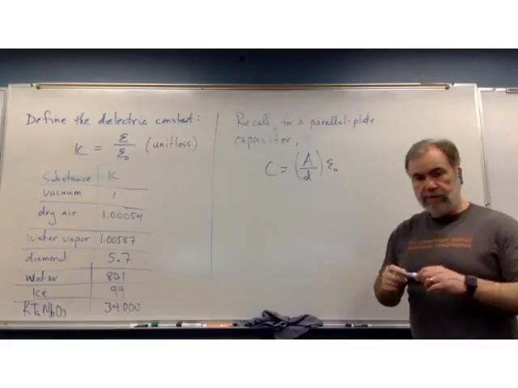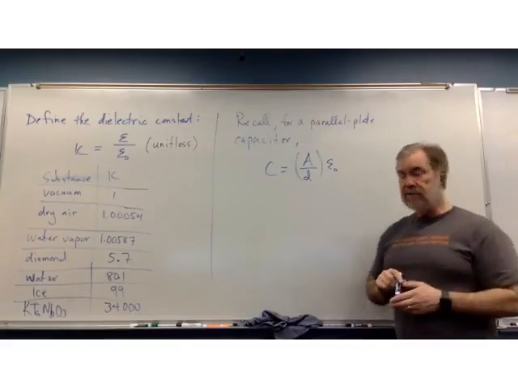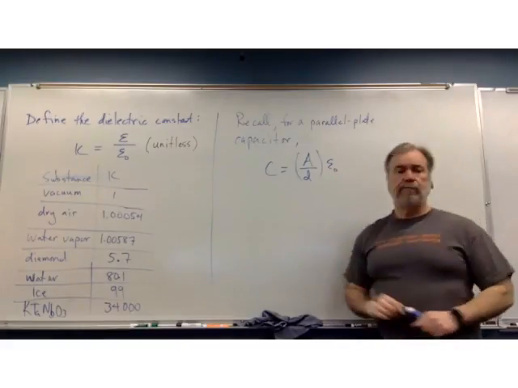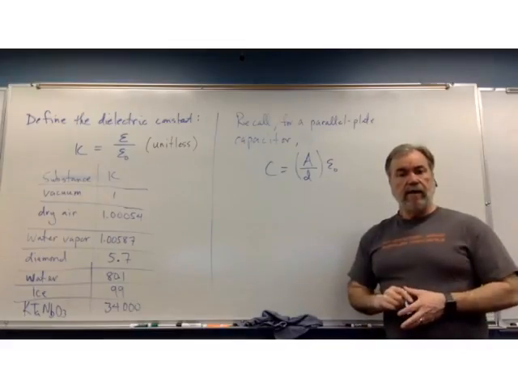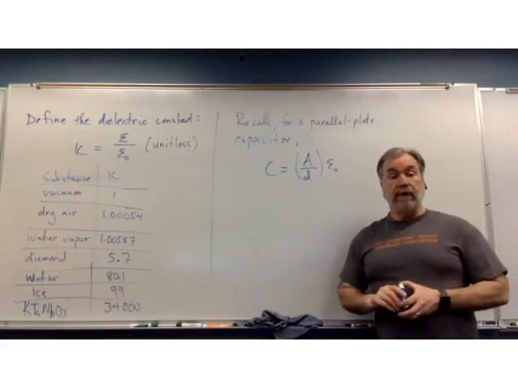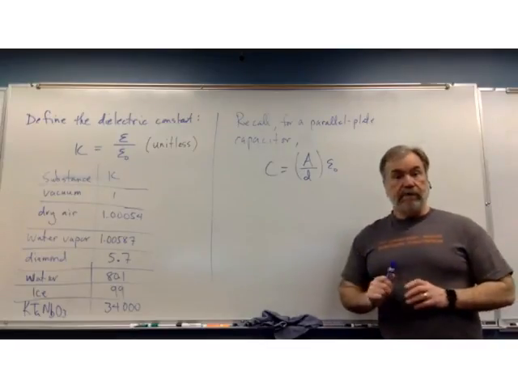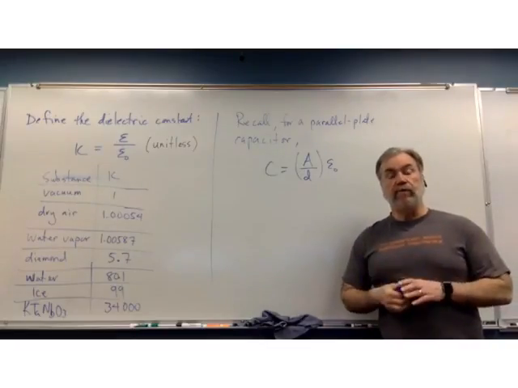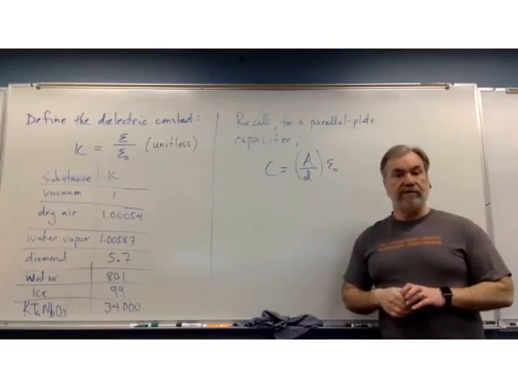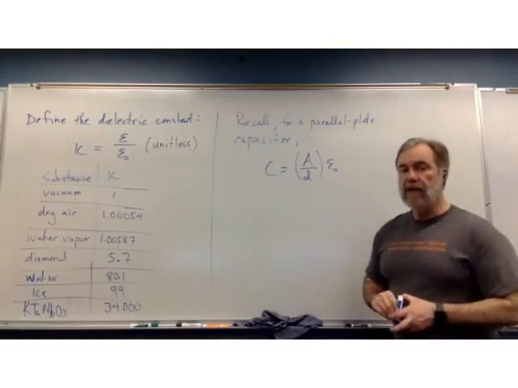But now, to give you a little more context and understanding, the only reason I multiplied it by epsilon naught was because I made the unspoken assumption that the stuff between the plates was nothing. I mean, there was only vacuum between these two plates. Okay, but that's almost never the case.